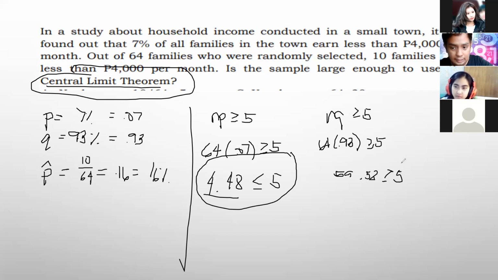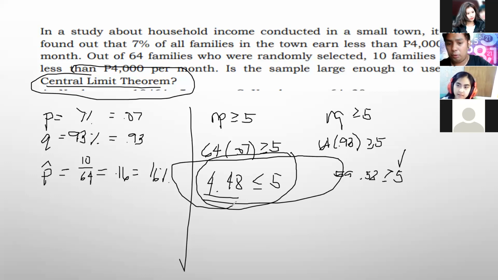Pasok naman siya. Kaso nga lang, itong success rate natin, tinatawag natin a population proportion, masyadong mababa. Ibig sabihin, hindi enough yung 7% as kuhanin natin as sample.